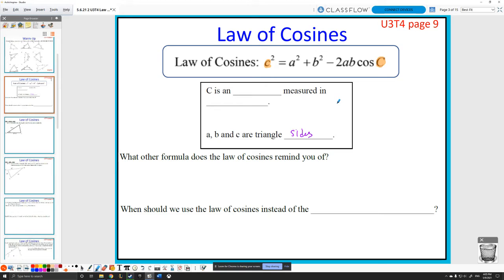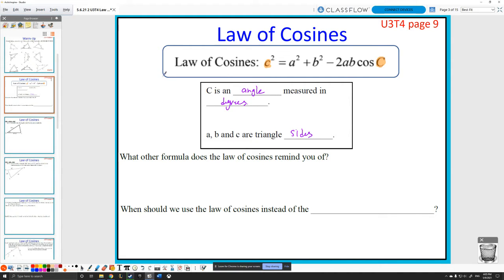That's the pair you have whether you're solving for a side or solving for an angle. It doesn't really matter. The point is that the outside is going to match, while the inside, A and B, are going to be back to back. So C is an angle measured in degrees.